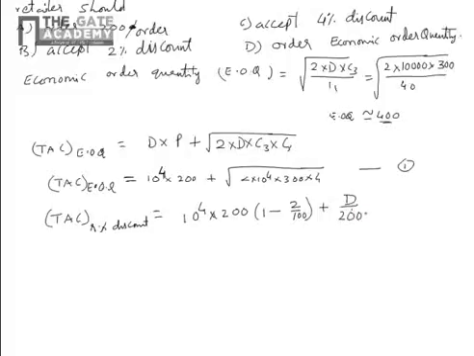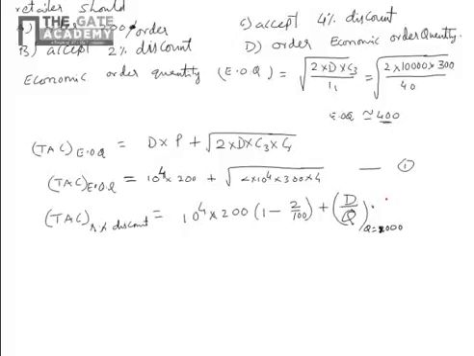So I will write the formula first. D by Q, with Q equal to 1000, gives the number of orders.